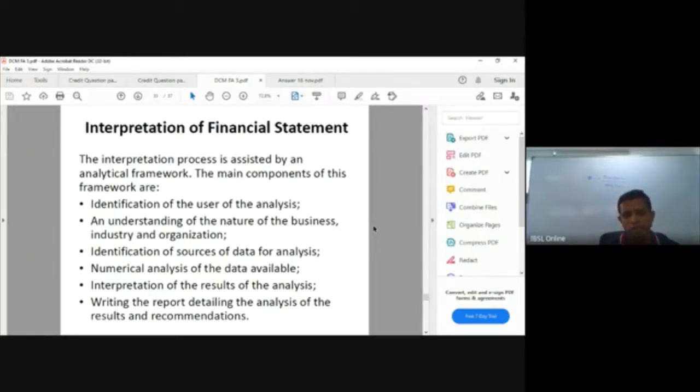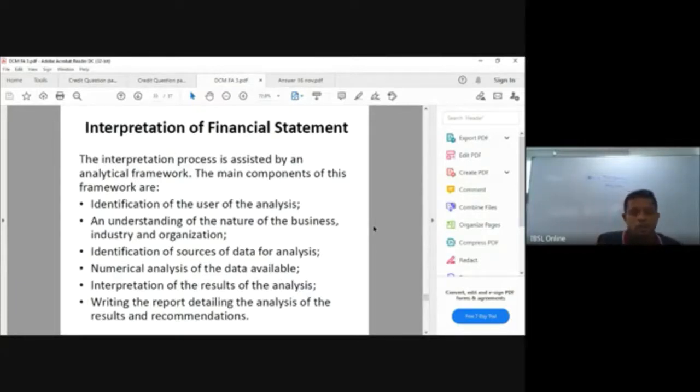First, you have to see whether this particular credit paper will go to my manager, my regional manager, my zonal manager, or AGM, or DGM, or MD, or senior DGM, or board, right? Or credit committee. There are different kinds of authorities to whom you put this paper. Therefore, identification of the user of this analysis is very important.